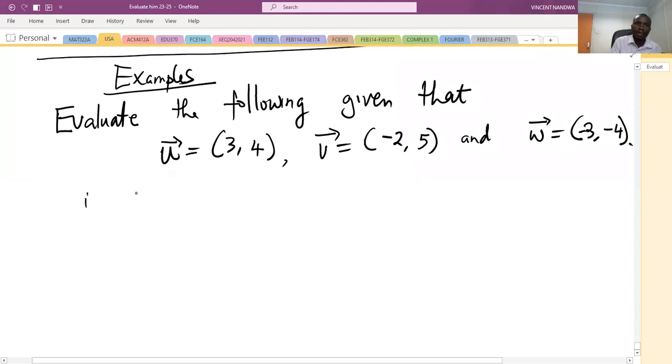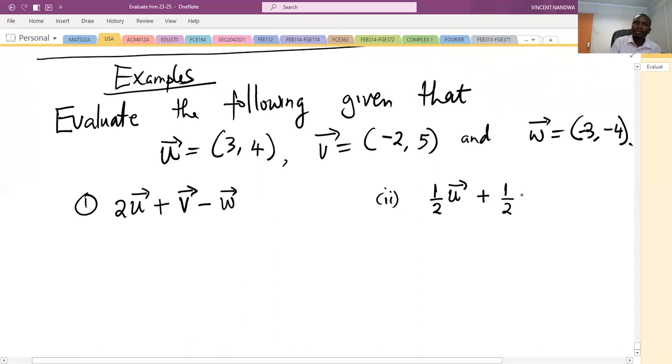So 1 is 2u plus v minus w. And then 2, I have u plus w.